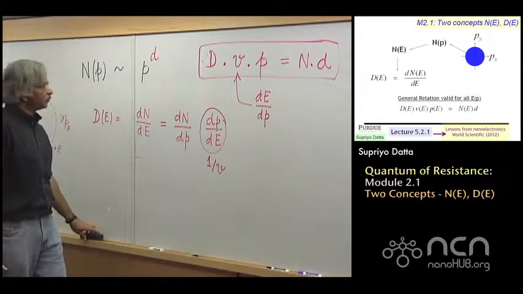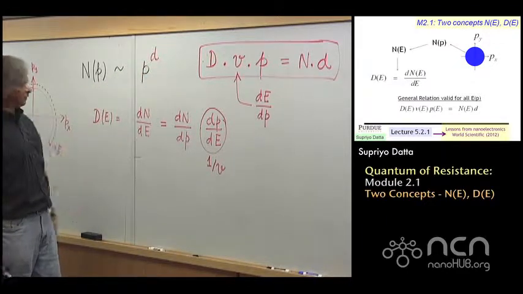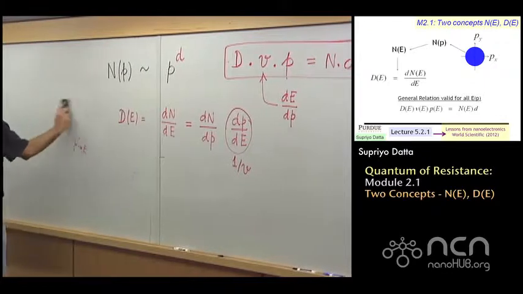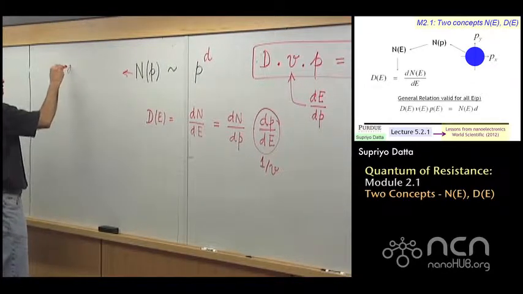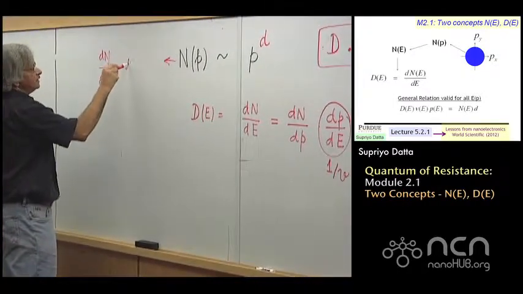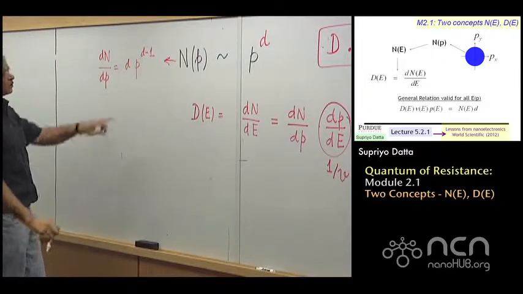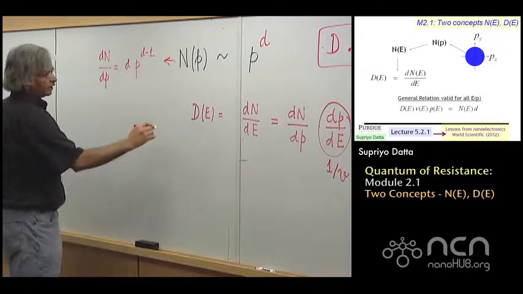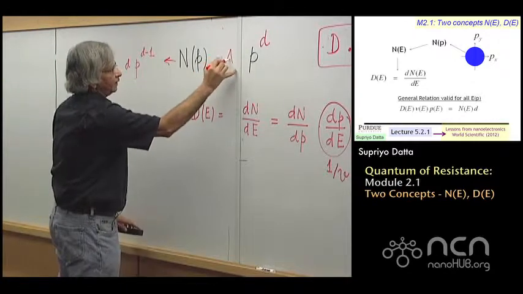Now, the next point to note is that as long as n has this form, p to the power d, we can write dn/dp as d times p to the power d minus 1. So what that means is, again, I guess this is proportional. So let's say there is some constant here, a.